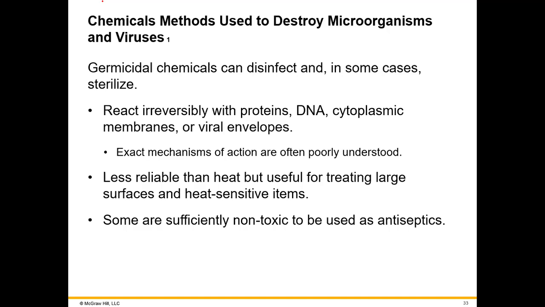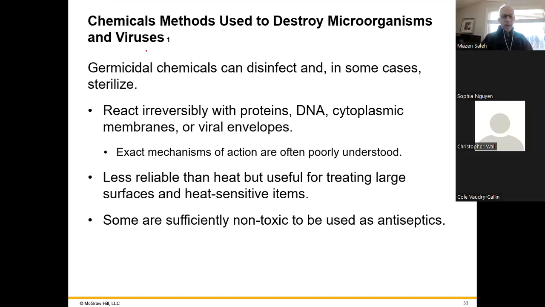So let's carry on. Where were we? Chemical methods. Right. So the chemicals that we use to basically degerm or sanitize or sterilize different surfaces, including biological surfaces, like our skin and mucosal membranes, such as the oral cavity or any other mucosal membranes.